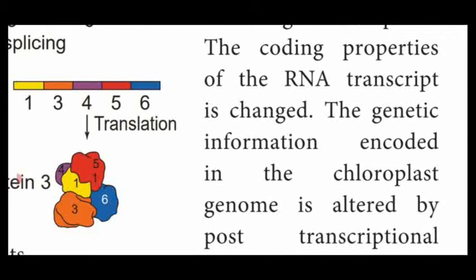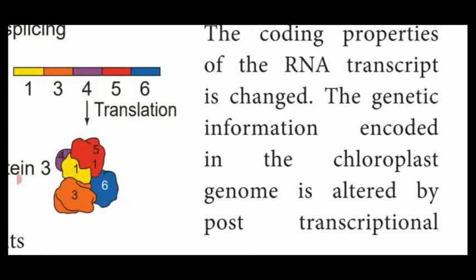The genetic information encoded by the chloroplast genome is altered by a post-transcriptional phenomenon, which is site specific C to U in chloroplasts of higher plants. RNA editing occurs in plants' mitochondria and chloroplast.